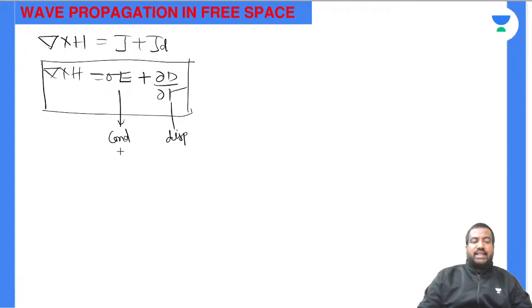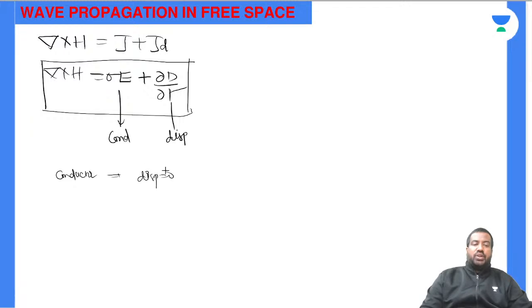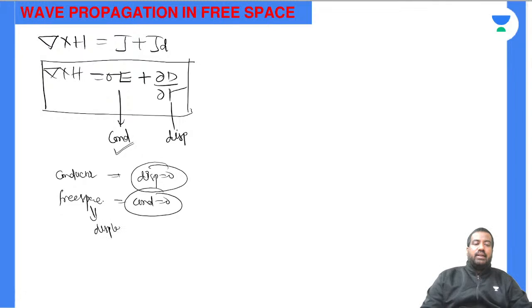For example, in a conductor, displacement current density is 0. Only current that you have is conduction current density. In free space, conduction current density is 0, no conductor, only current is displacement current. That's why at any point, current is the sum of conduction current and displacement current.